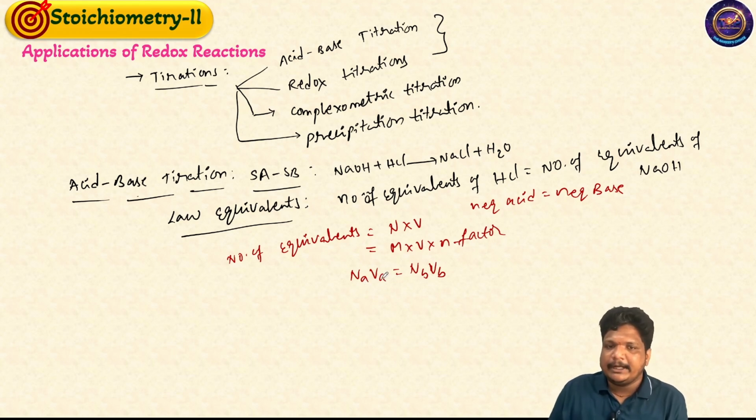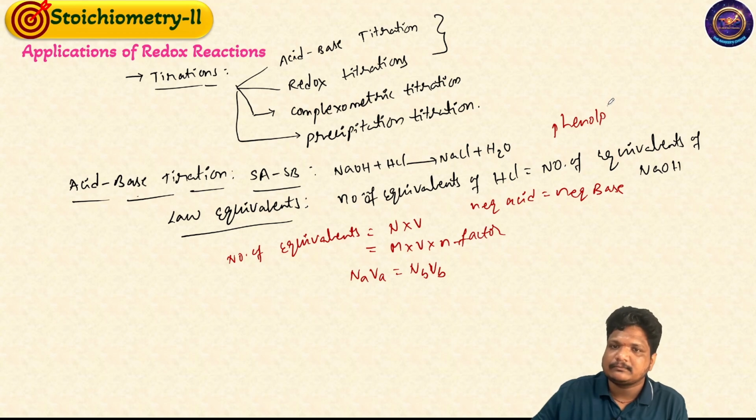By knowing the volume, and by using the normality and volume of the known solution, you can find the concentration of the unknown solution with the help of acid base titration. In this titration we generally use indicators, phenolphthalein or methyl orange.